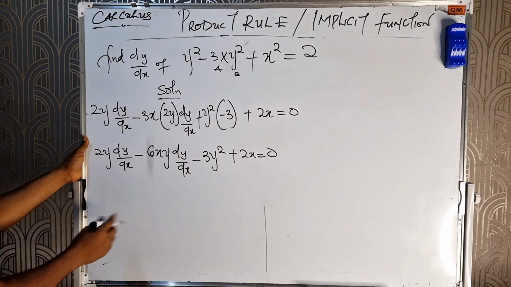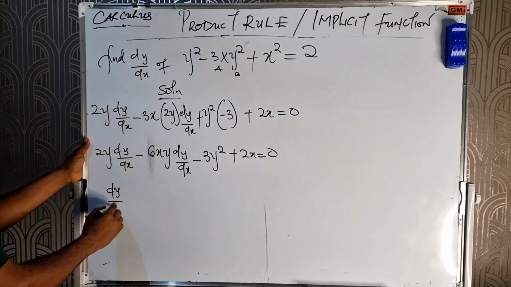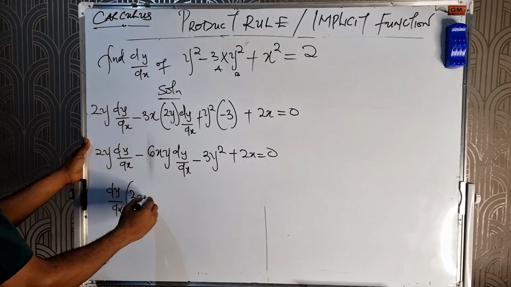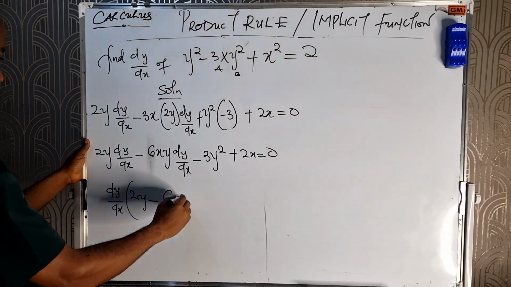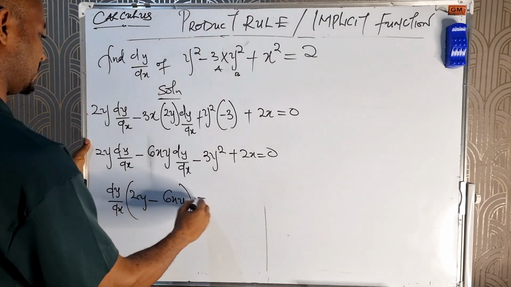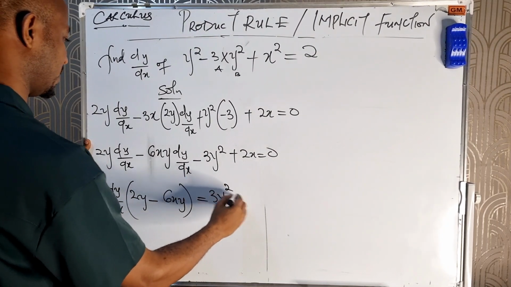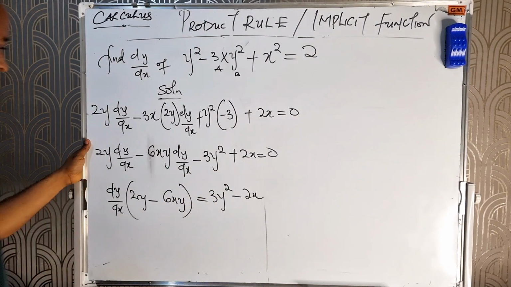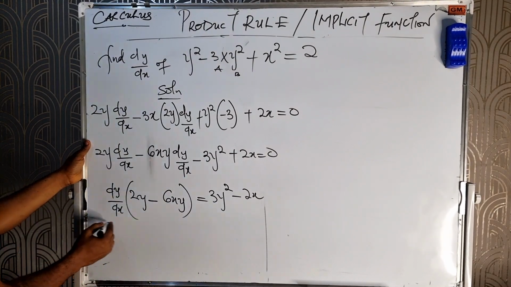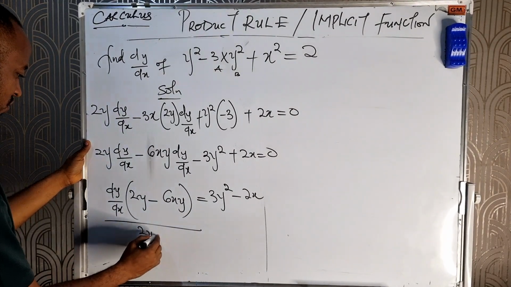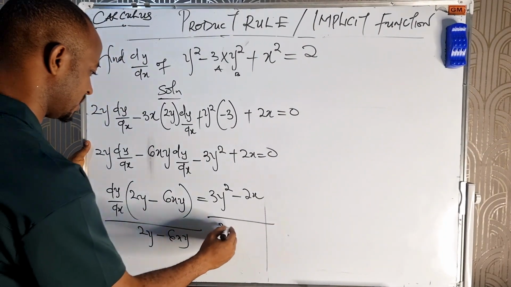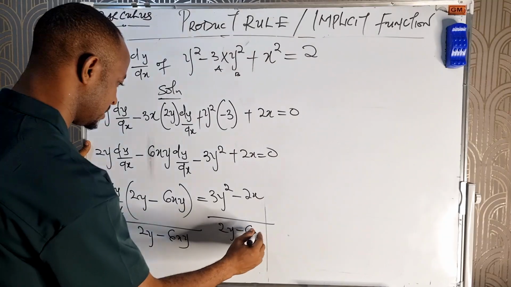Between these two, I will factor out dy/dx. In brackets, we are left with 2y minus 6xy, right? Then I'll move these two terms to the other side. This gives us 3y² minus 2x. The next step is to find dy/dx by dividing both sides by 2y minus 6xy.